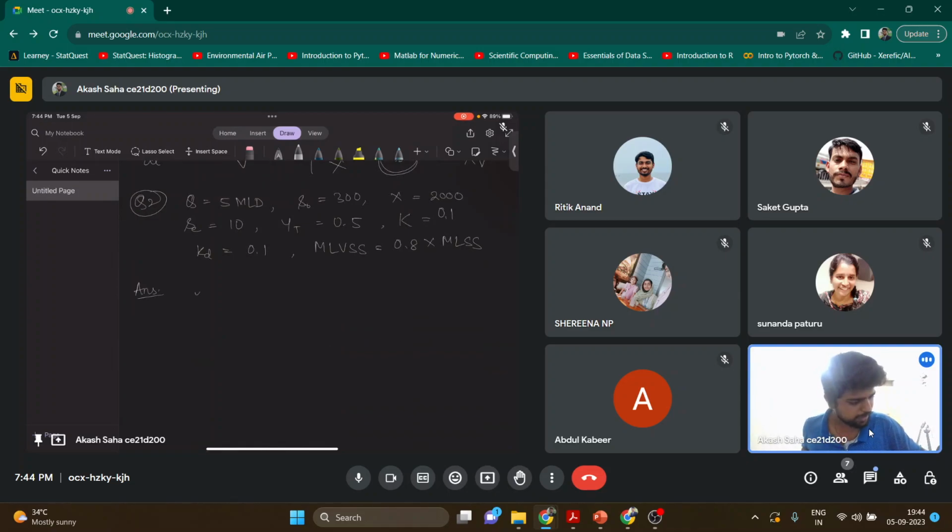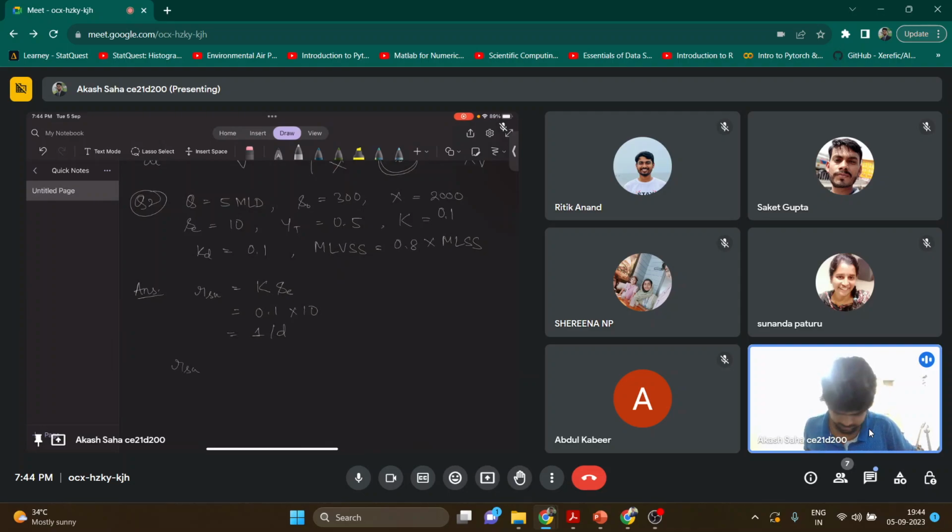So first we will calculate RSU. So RSU is K S or K Se, whatever we can write. So it will be 0.1 into 10, 1 per day. This is my RSU.